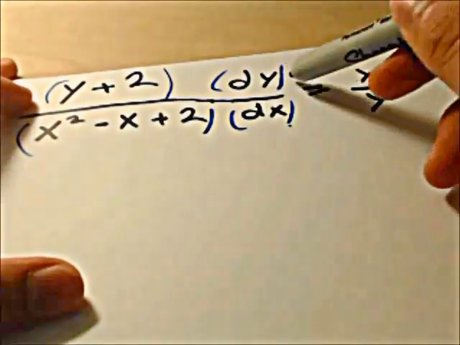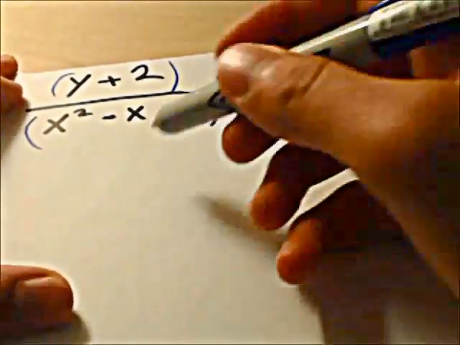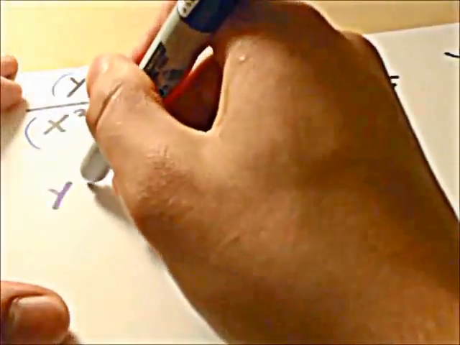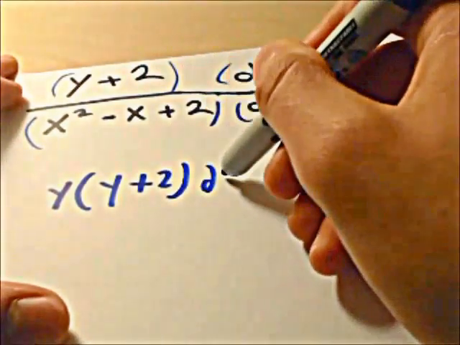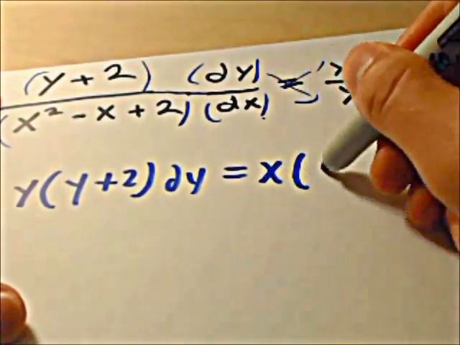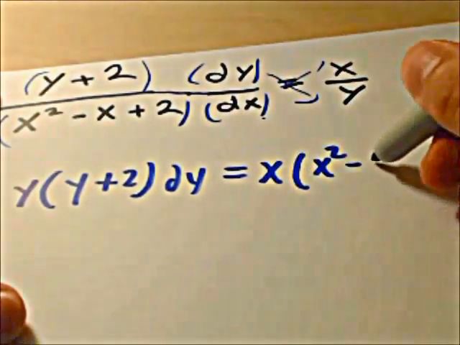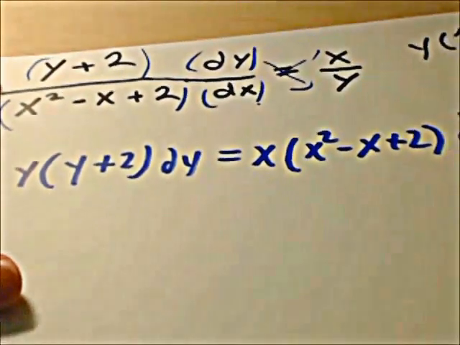So it ends up with y times (y plus 2) dy equals x times the denominator (x squared minus x plus 2) dx.